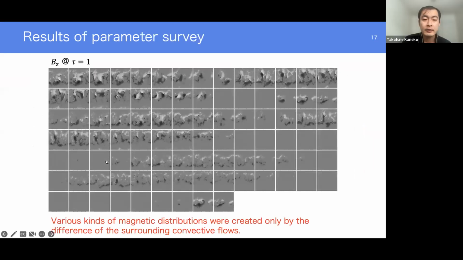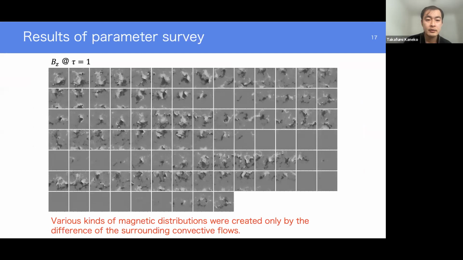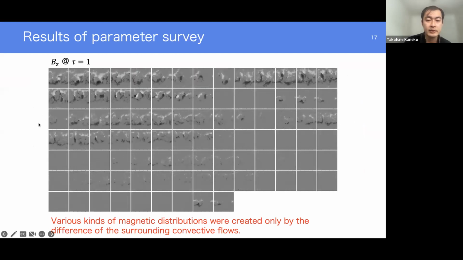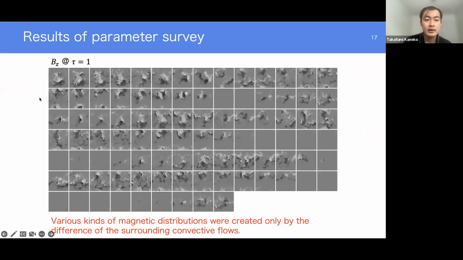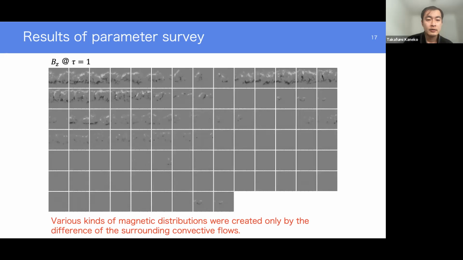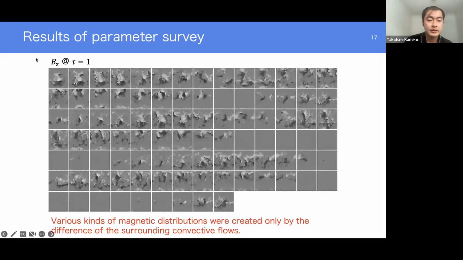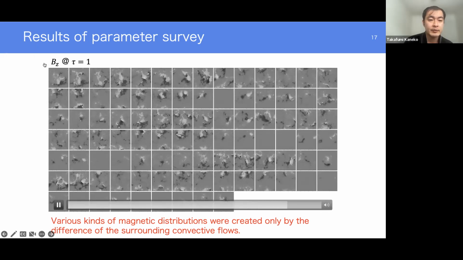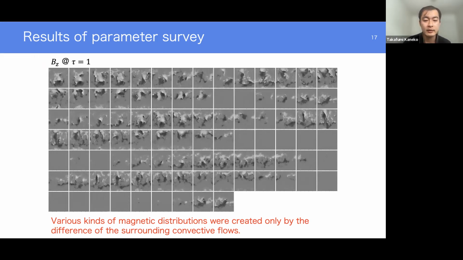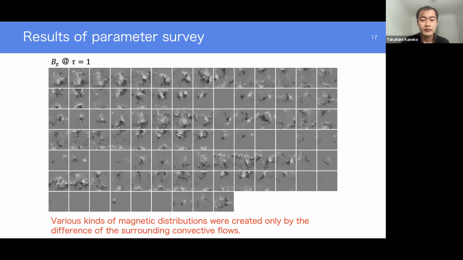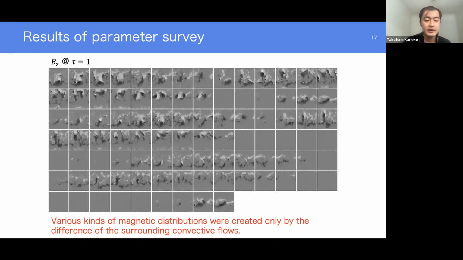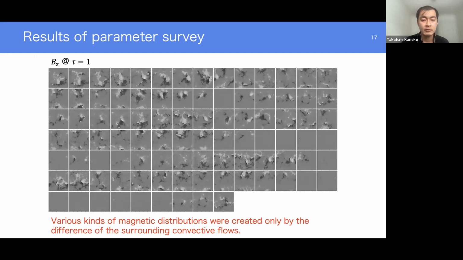So this is the result of all cases. This includes 93 panels, and each is a different case. The grayscale represents the potential component of the magnetic field at the tau equal 1 layer. As you can see, there are various kinds of magnetic distribution.